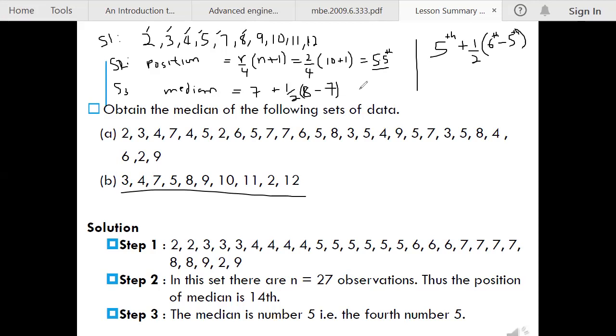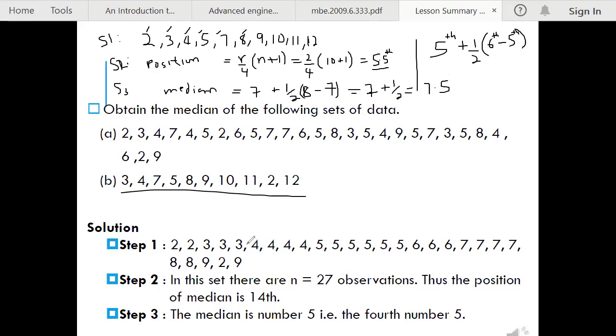So the final answer is 7 plus a half, which is 7.5. So the median is 7.5. This is how we found the median in class, and once you follow these steps, you surely get your answer.